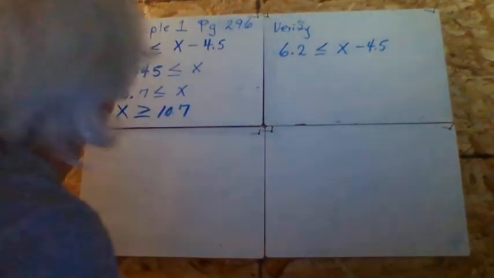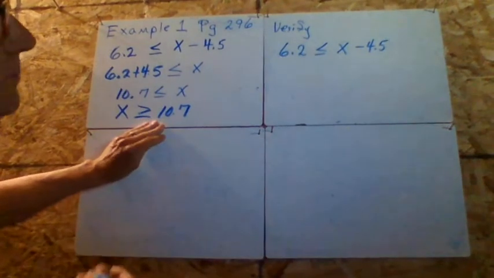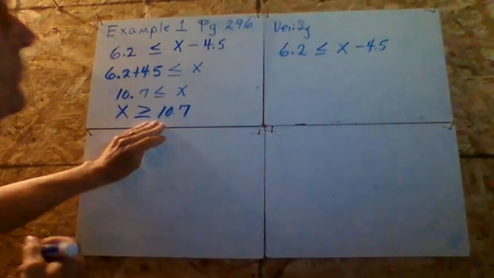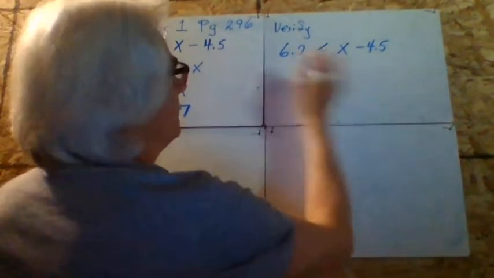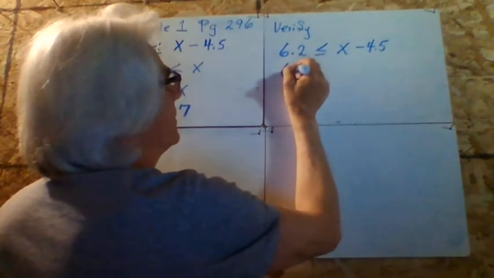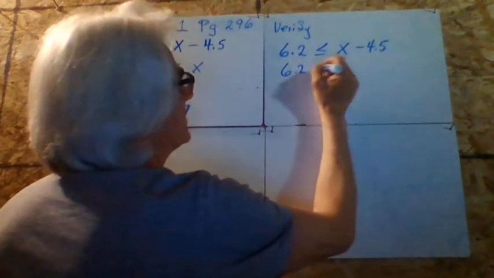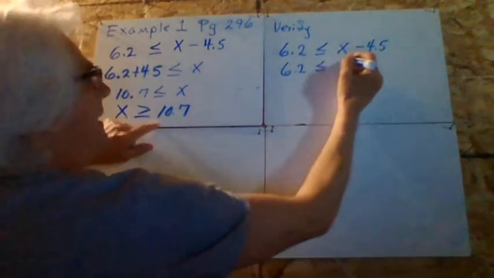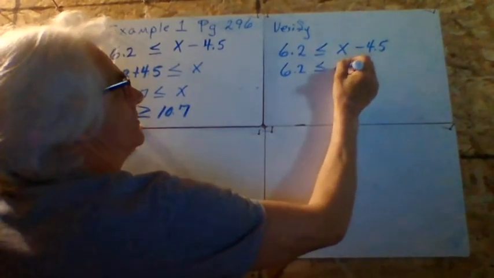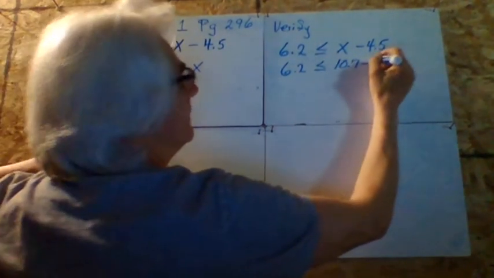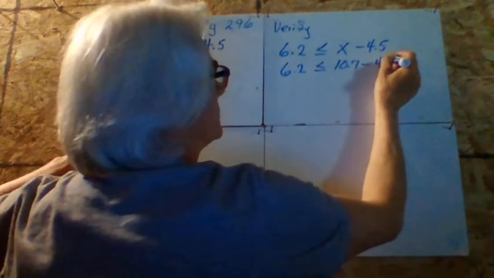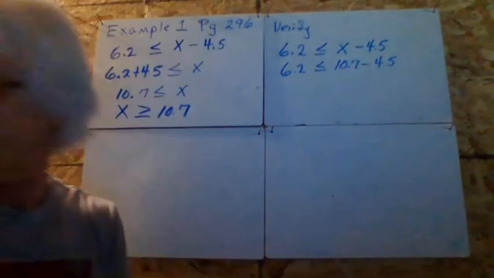So let me see. I'll start off with 10.7. It said that x could be equal to 10.7. So 6.2 is less than or equal to, in the place of x, I'm going to put in our solution of 10.7 minus 4.5.